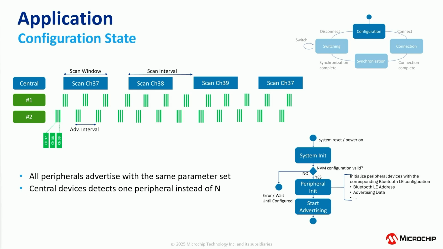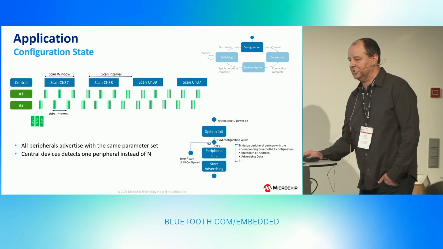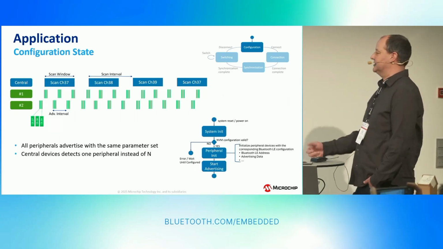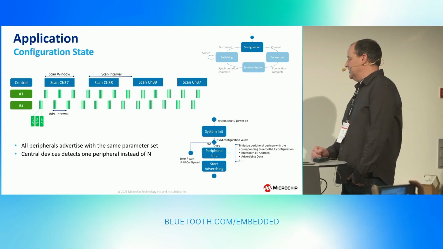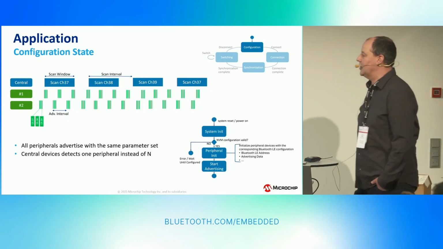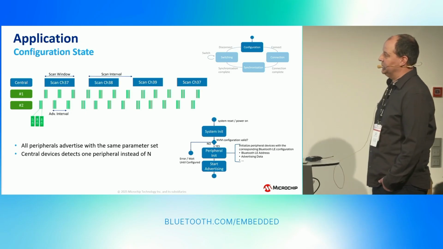If the configuration is valid, we initialize the peripherals. The peripherals are initialized with the same Bluetooth configuration. They have the same advertising data, the same advertising parameters, and the same Bluetooth LE address. So we have, for example, here 2 identical BLE devices.